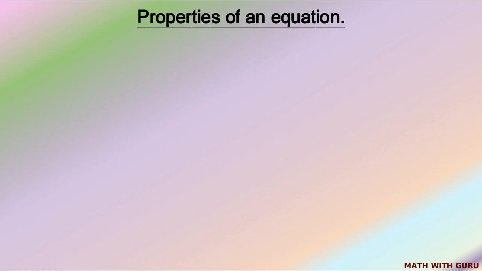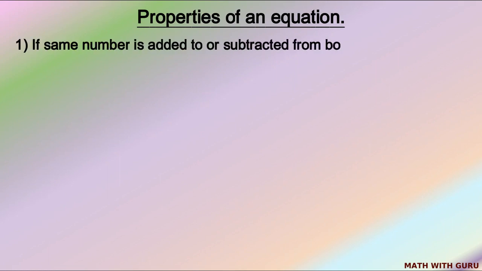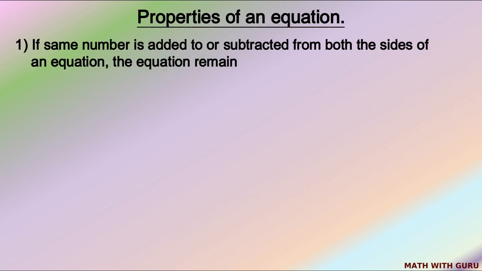Properties of an equation. If the same number is added to or subtracted from both sides of an equation, the equation remains true or balanced.